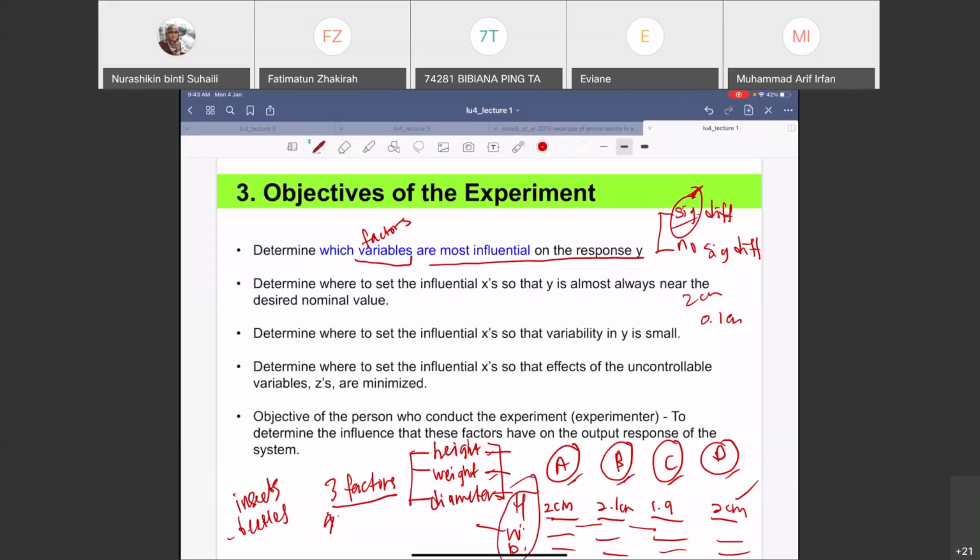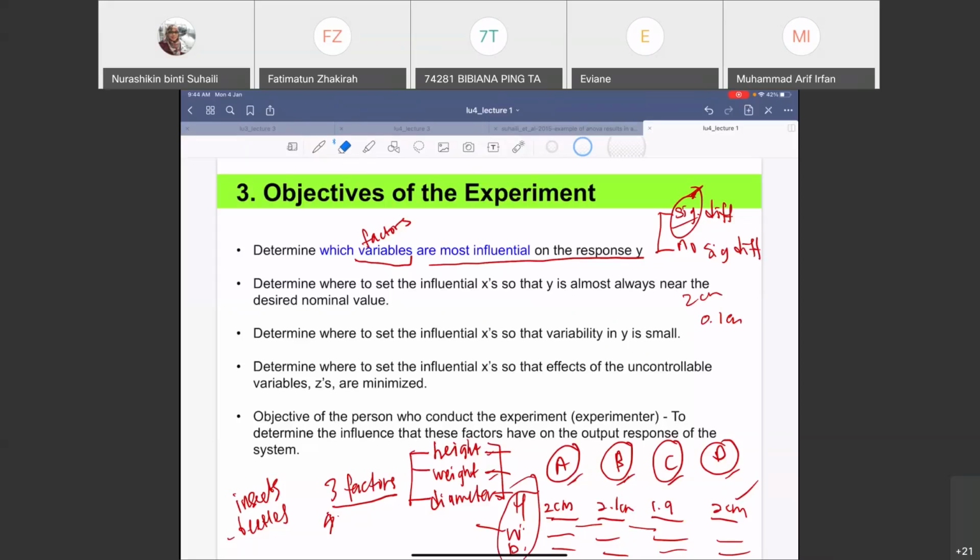You can say that the weight is the variable that has the most influential effect on the beetles collected from all of these areas. Okay, so we also want to compare among the parameters that we want to measure, which one is the most influential, which one gives the most significant difference.